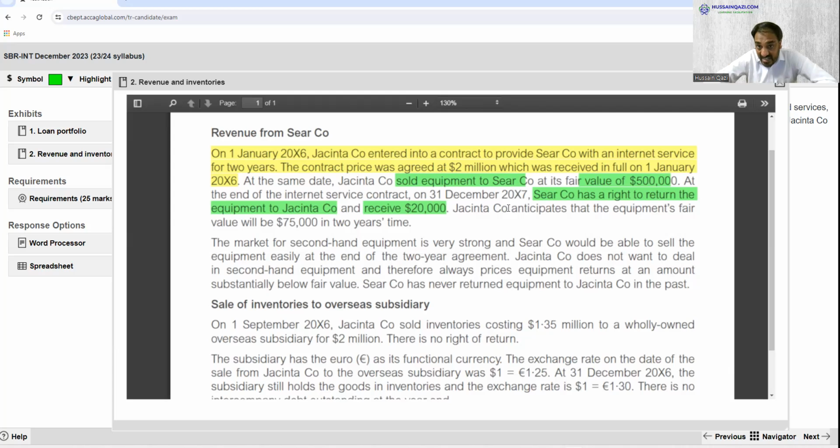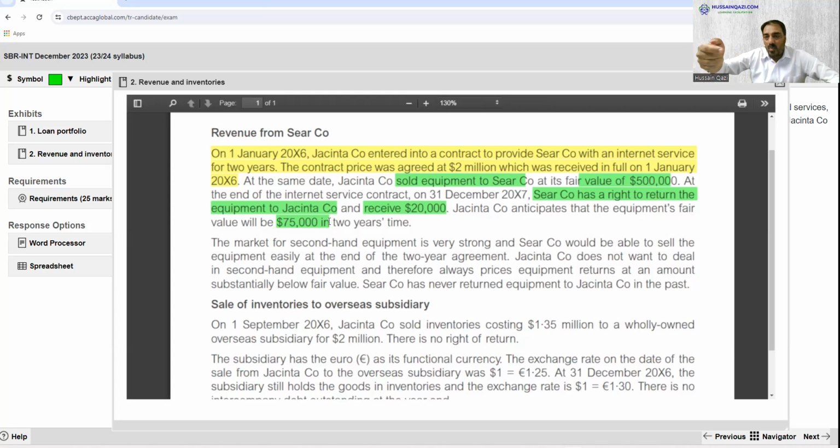Jacinta anticipates at the time of transaction, 1st January X6, the equipment fair value will be 75,000. If after 2 years the second-hand or fair value is expected to be 75,000, and here in the buyback we have locked the price, the exercise price 20,000. So you need to think yourself.